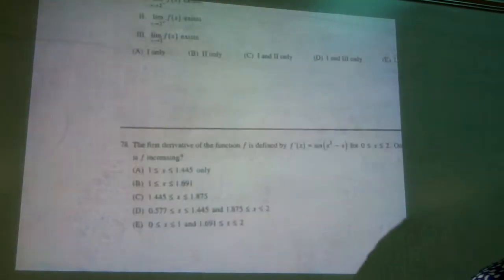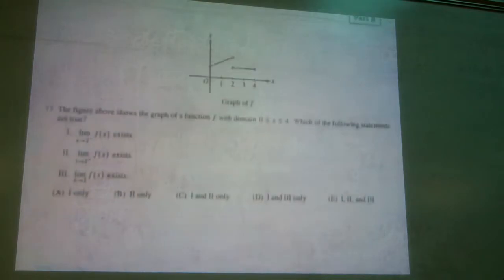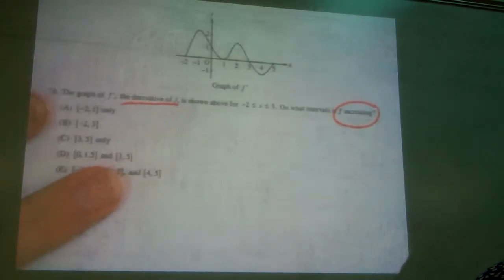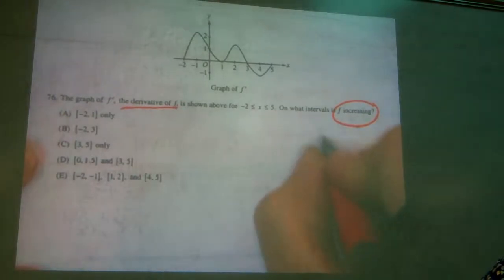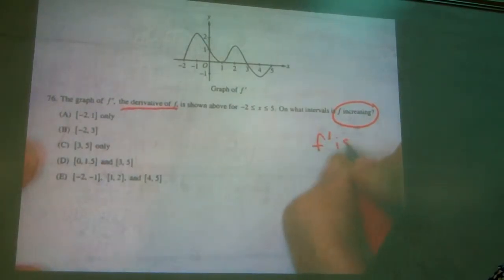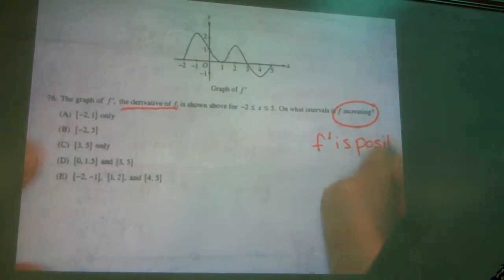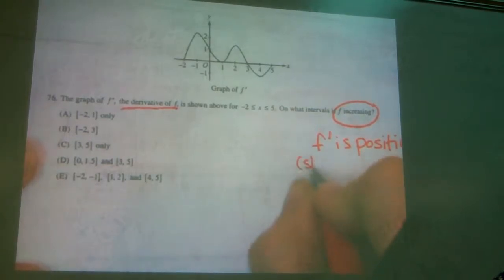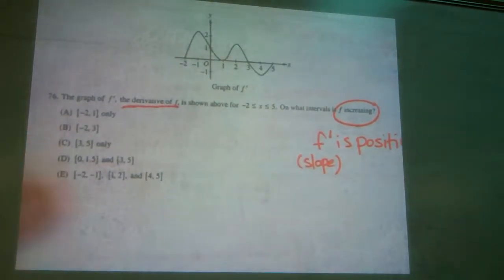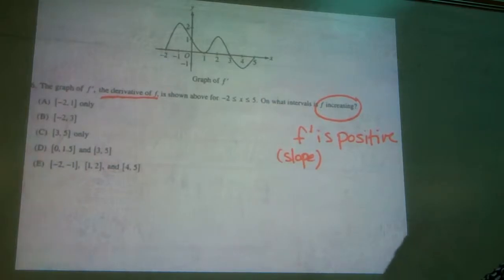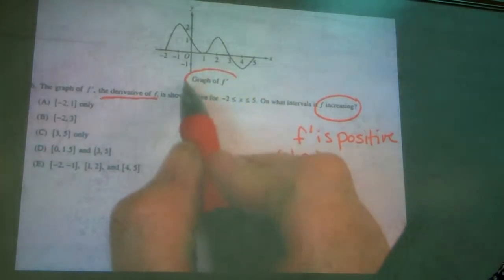Okay, so the first one, it's asking you when f is increasing. So we know f is going to be increasing anywhere that its derivative is positive, right? Anywhere that the slope is positive. But the thing about this is that this is the graph of the derivative.